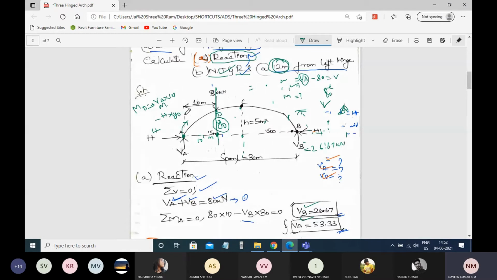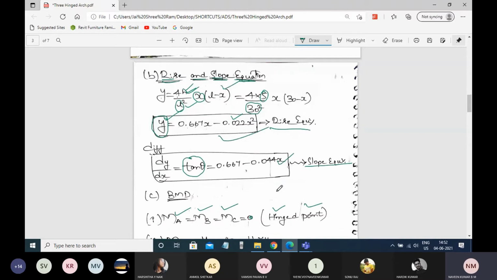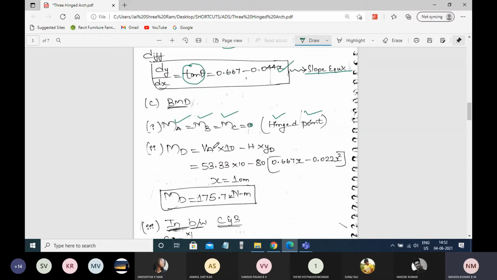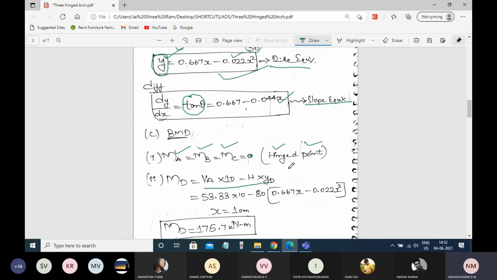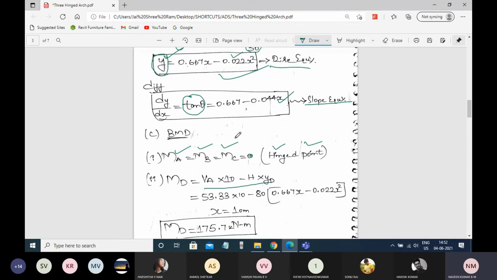YD is the perpendicular distance. In order to find YD, you need to consider this particular equation. I hope it is clear. Now you can see the same equation, and YD is nothing but the rise equation, you can substitute y as YD. Same thing is considered over here.